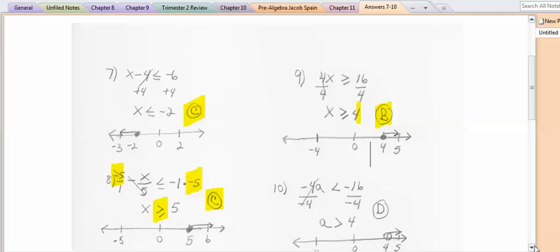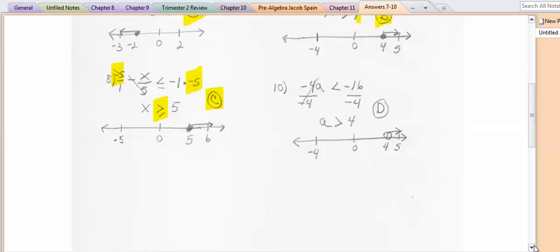And then number 10, we had to flip the sign because we divided by a -4, so our sign is flipped, and I got letter D. It's an open circle because there is no line under the inequality, and we flipped it. So it's open circle, A is bigger than, so all the numbers that are bigger than.